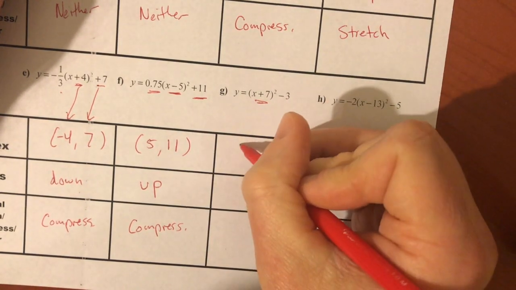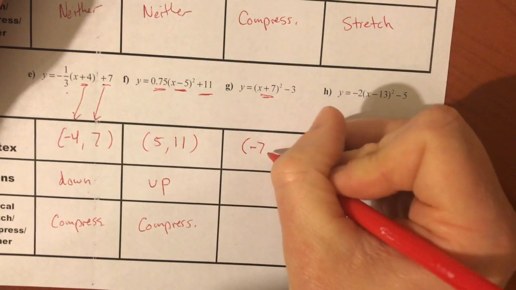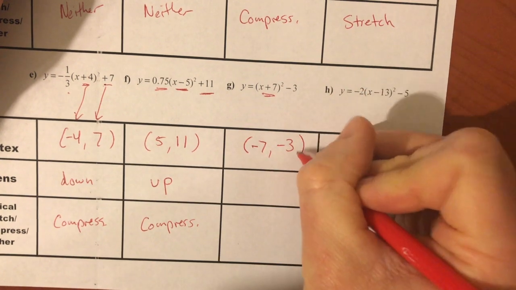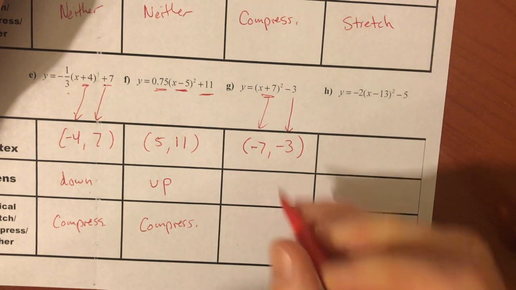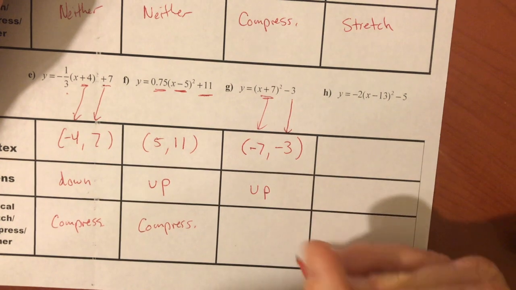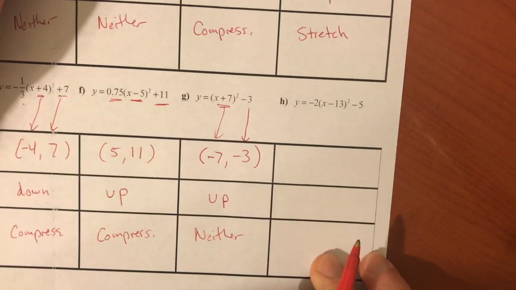Plus 7 on the inside for part G moves it 7 units to the left. Minus 3 on the end moves it down 3. Opposite of what you see, same as what you see. Leading coefficient is positive 1, so it opens up, and no stretch or compression. We haven't changed that slope at all.